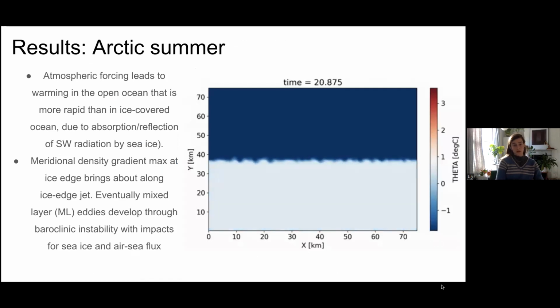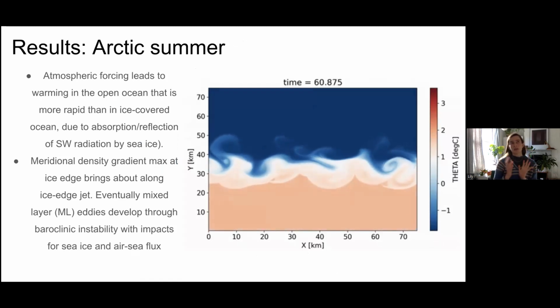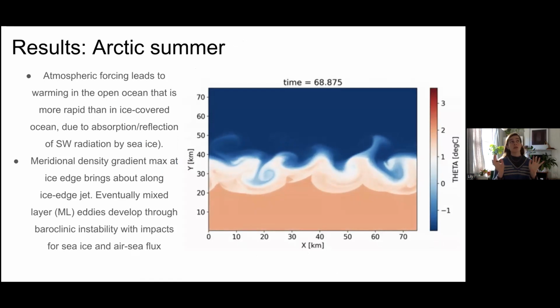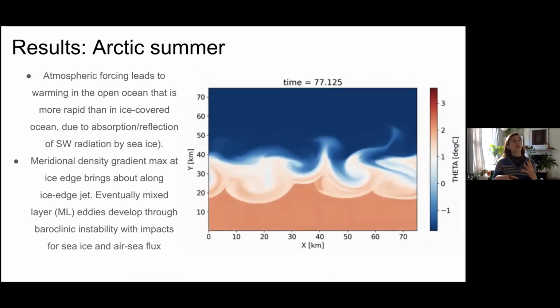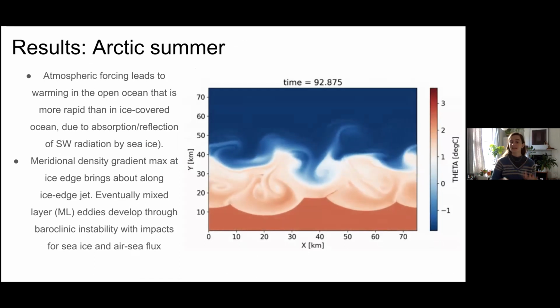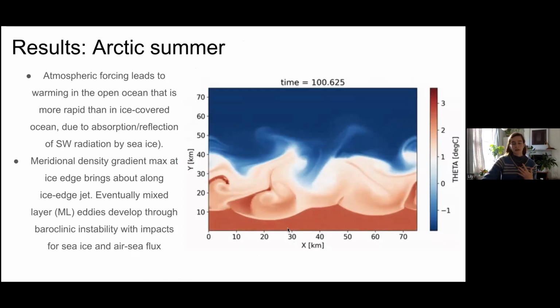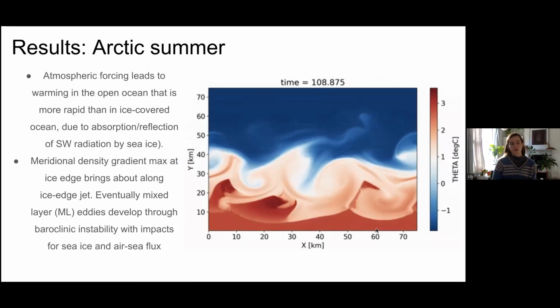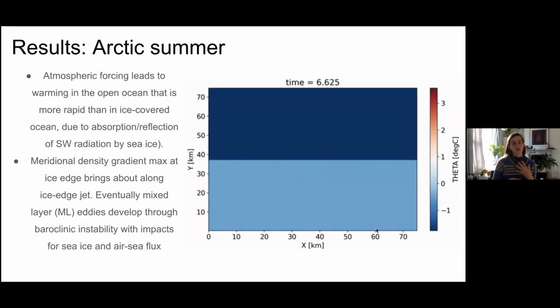So we start with the Arctic summer. There's the shortwave warming. Initially you have uniform temperature within open and ice covered ocean, but as you start the model, the shortwave forcing leads to faster warming in the open ocean than in the ice covered ocean, where at least the surface will remain at freezing point, but the ice will melt.